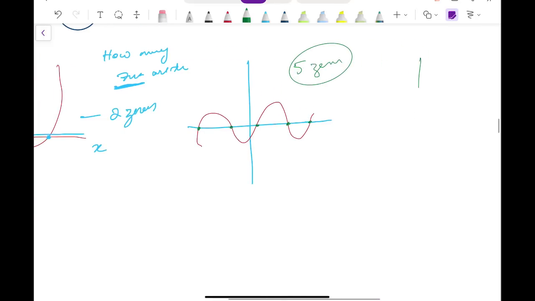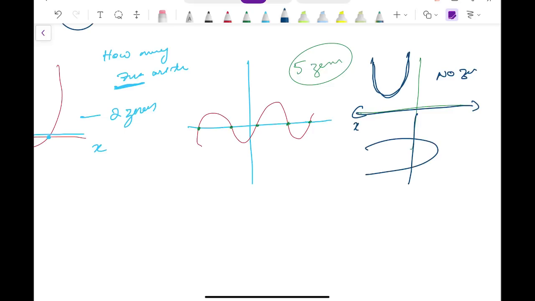But if the curve is not touching the x-axis, then there will be no zeros. The curve may be touching the y-axis like this, but remember, it is not touching the x-axis, so there will still be no zeros.